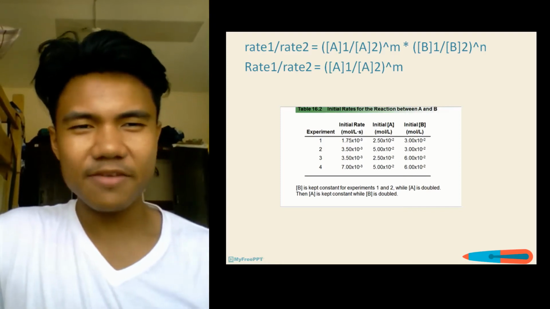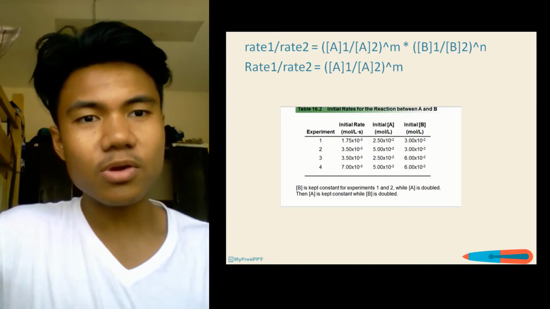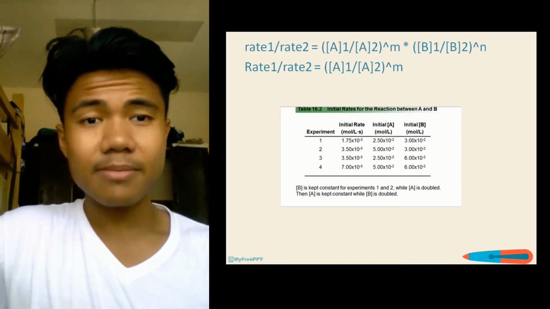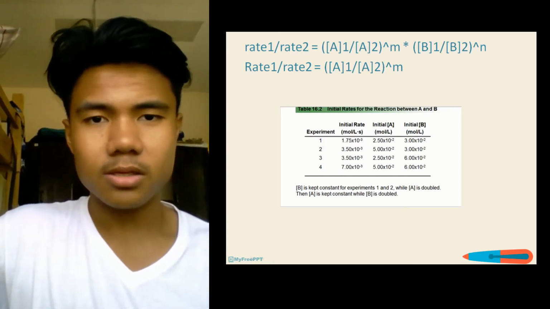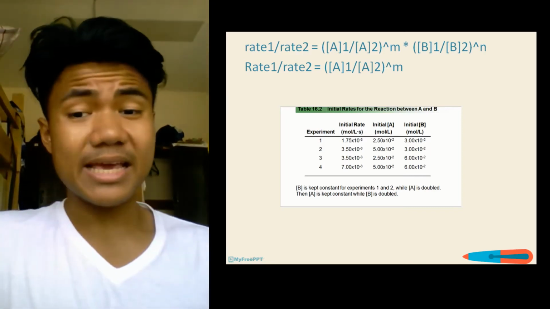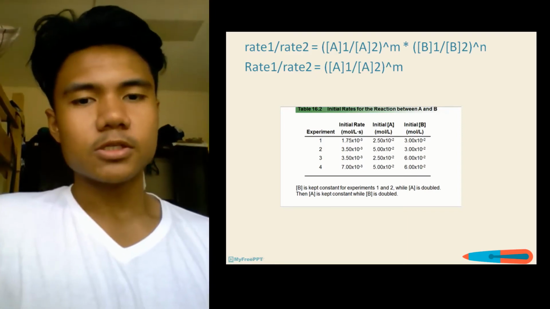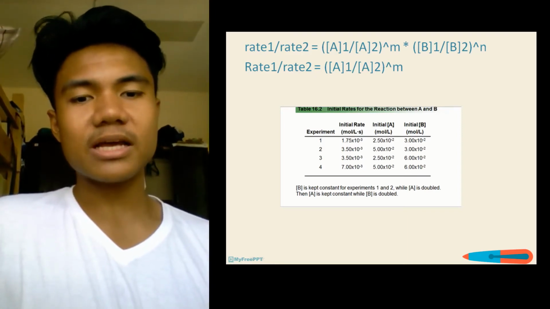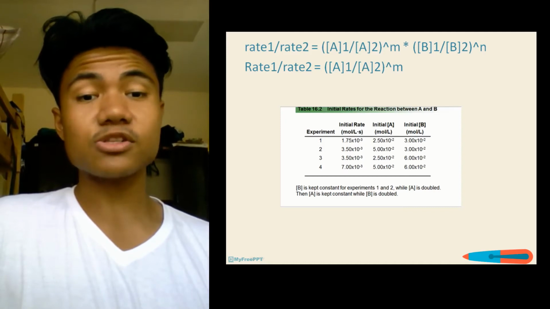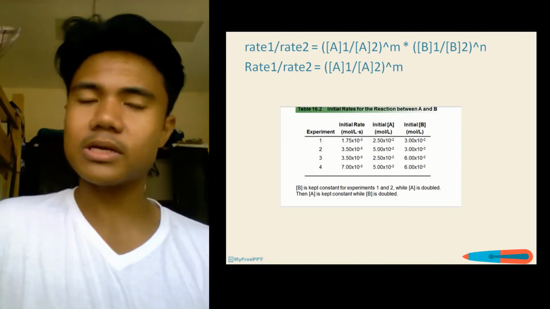So how can we simplify this? We can remove n by making this 1. Let me explain. For example, we take experiment 1 and 2. What's going to happen is, 3 times 10 raised to negative 2 divided by 3 times 10 raised to negative 2 is 1. 1 raised to anything, even 0, is 1.